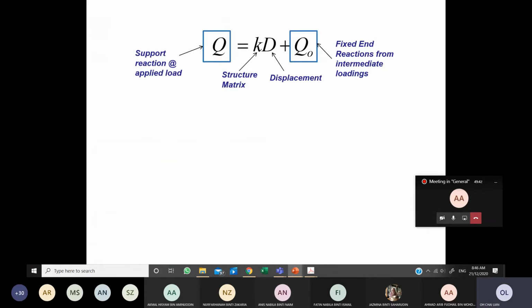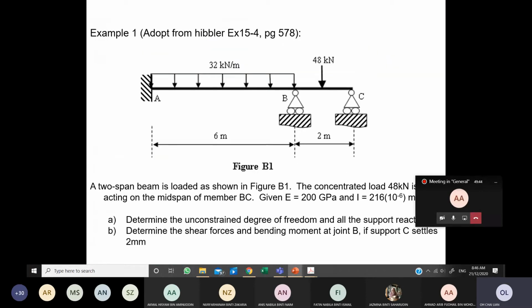I will start with an example, but I will just touch on the member stiffness matrix. For this example, I have sent you a compiled version of a few examples. This example is also one of the beam examples, you can also refer to that. I'm talking about example 1 of the beam.